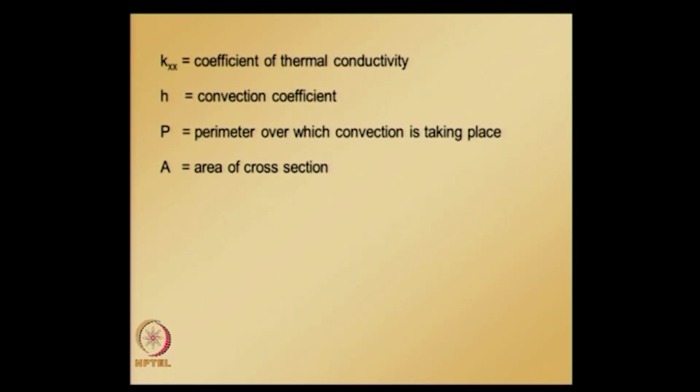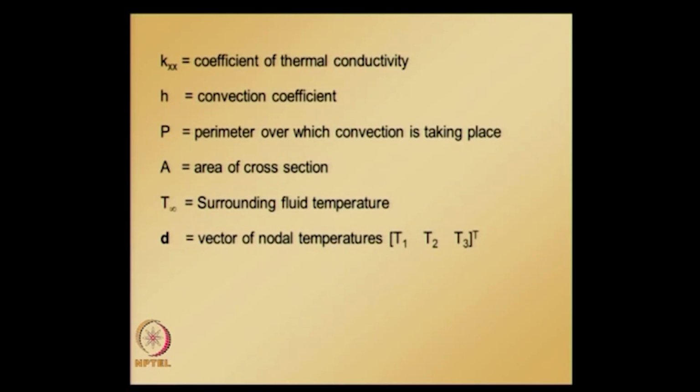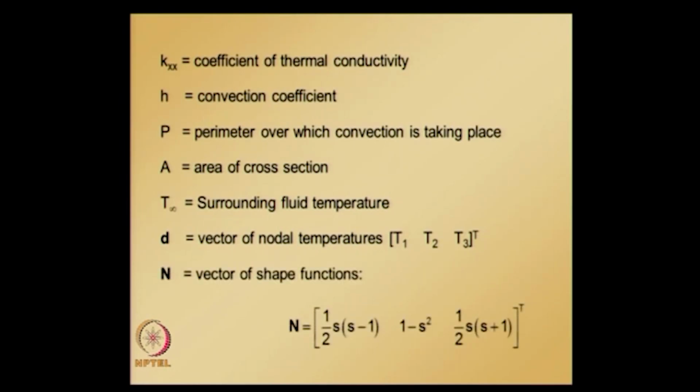So, k_xx is coefficient of thermal conductivity, h is convection coefficient, p is perimeter over which convection is taking place, A is area of cross section, T infinity is surrounding fluid temperature, d is the vector of nodal temperatures, N is vector of shape functions, and here we are dealing with a 3 node quadratic 1D element.